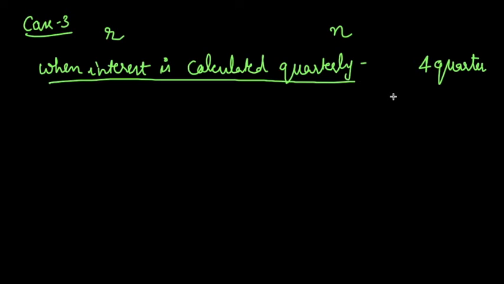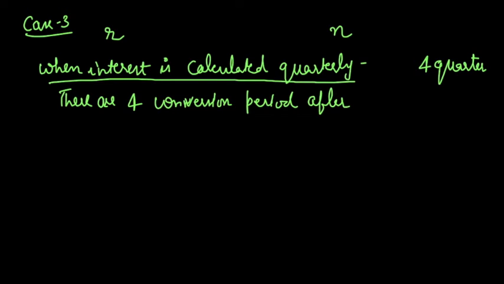It means there are 4 conversion periods. So how many conversion periods? 4 conversion periods, after every 3 months, and 3 4s are 12, and there are 12 months in a year. So there are 4 conversion periods in a year, one after every 3 months.